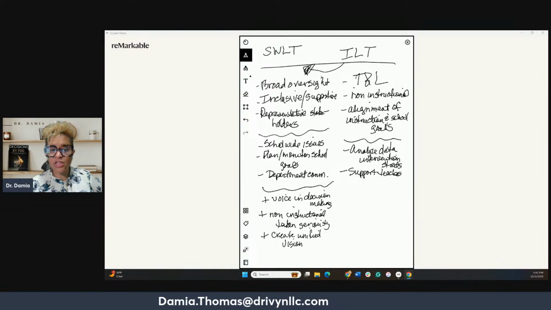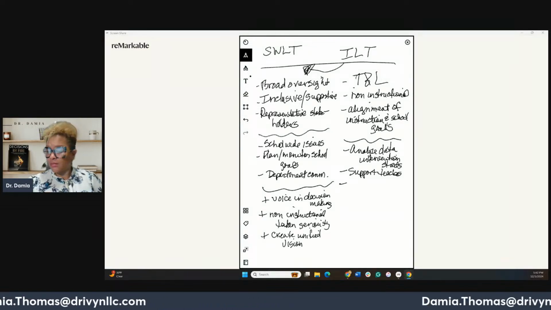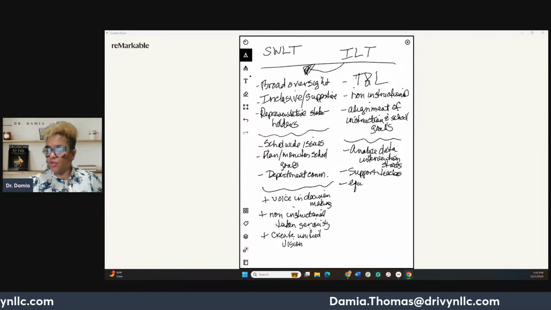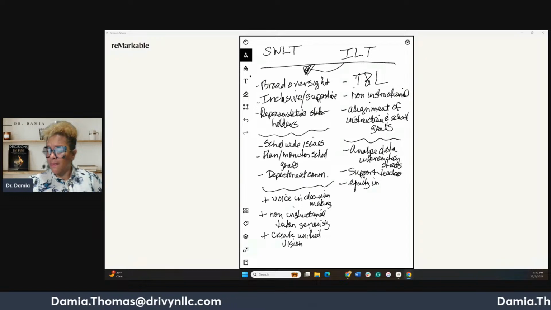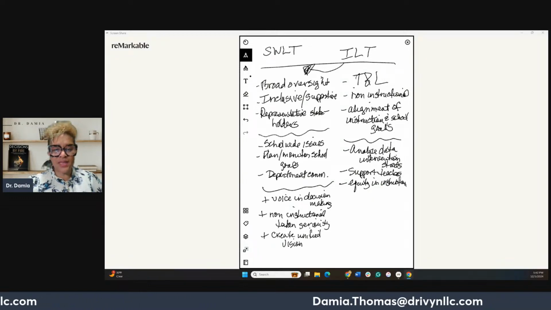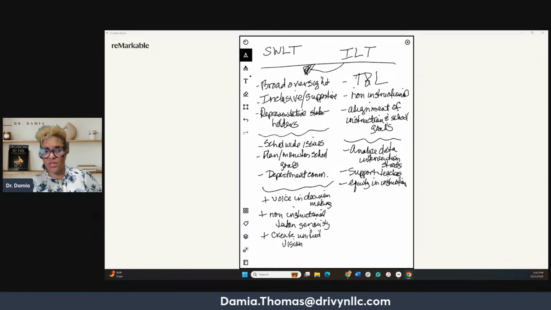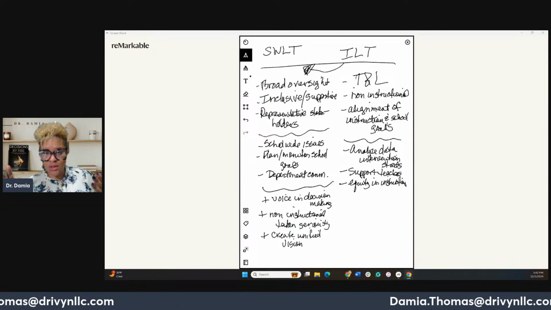The responsibilities are also to ensure that there is equity in instruction by addressing any gaps, right? By addressing any gaps that they see in teacher effectiveness or student achievement. So teacher effectiveness directly impacts student achievement. We know this.